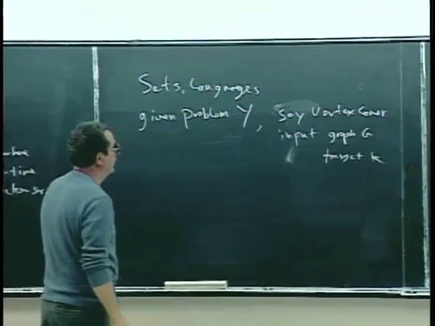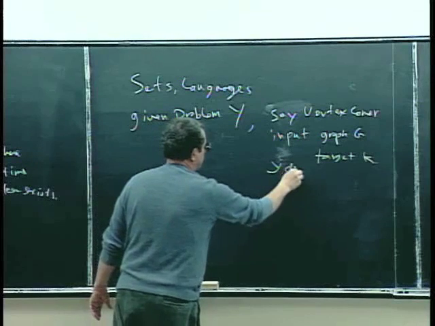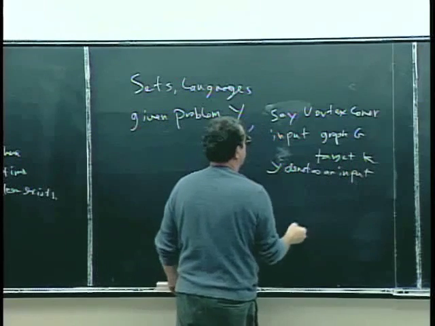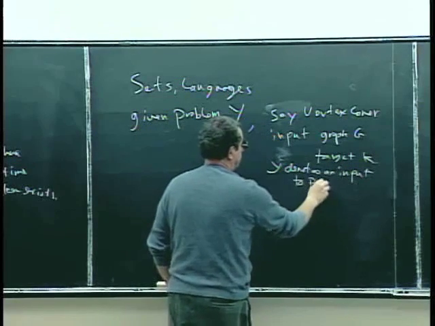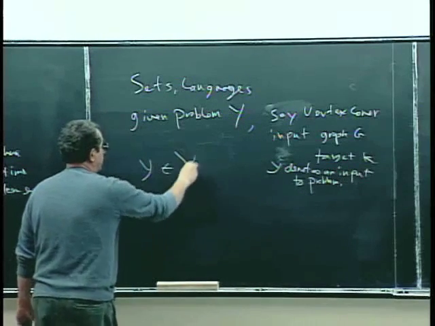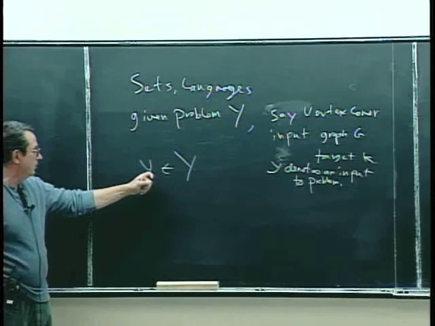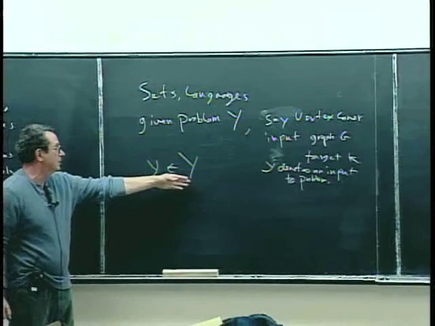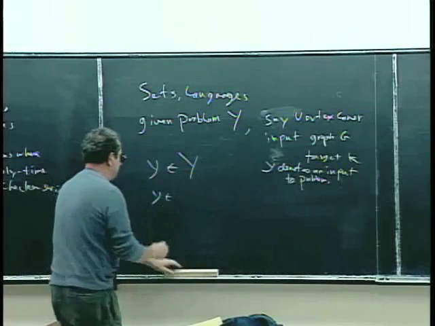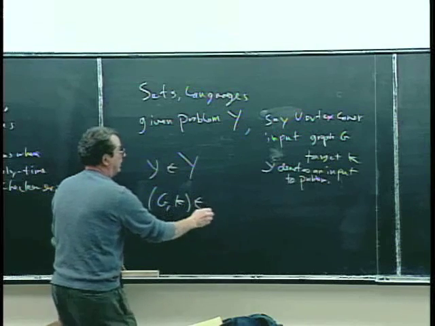Okay, and so little y denotes an input or an instance to the problem. And then we can talk about y contained in capital Y. What does this mean? In this case, the input, the graph and the target, is contained in vertex cover.